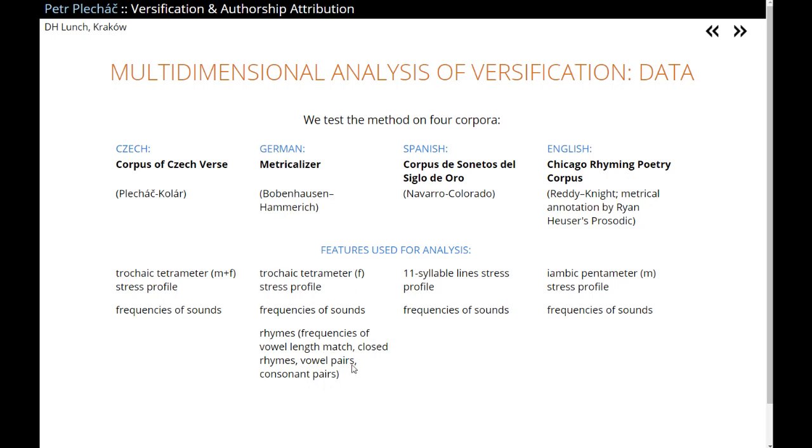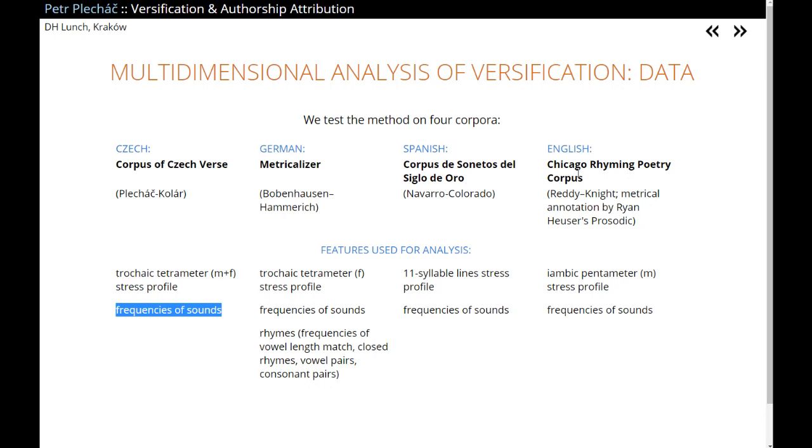With the rhymes, we were dealing just with the German corpus. These frequencies of sound is simply the frequency of each sound in the entire text. So sound means letter in practice. Yeah, but it's not so different in Czech, where the orthography and the phonetics are really close, or in Spanish, but it's a huge difference in English.